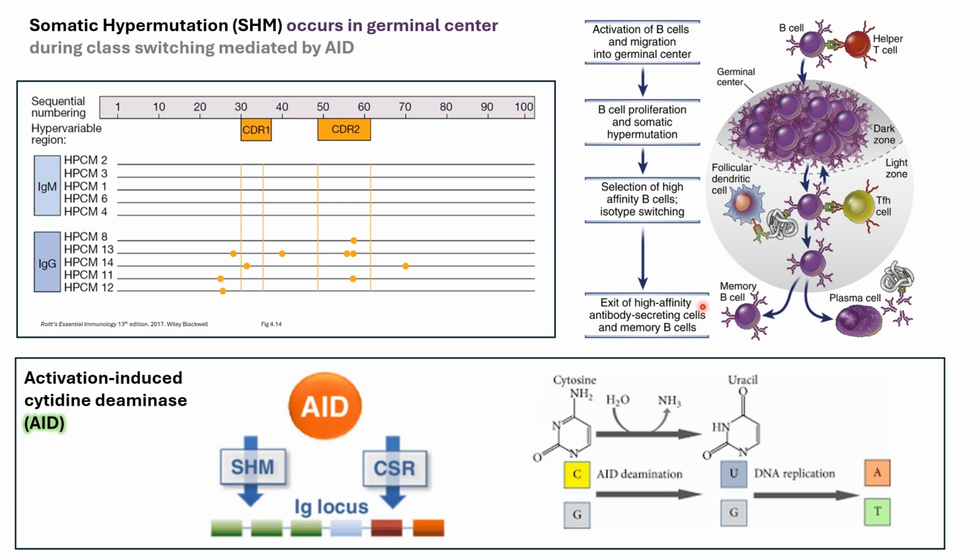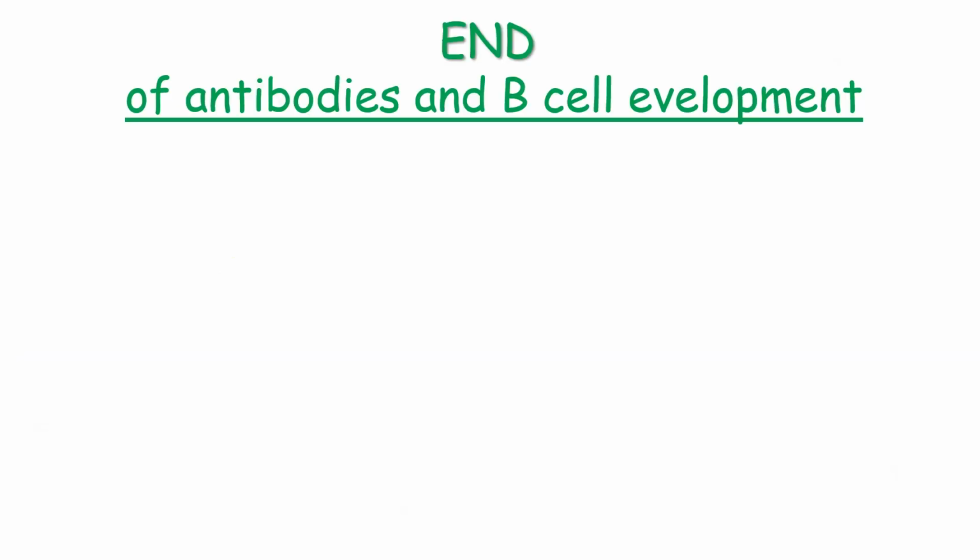And that's the basis for somatic hypermutation induced by activation-induced cytidine deaminase occurring during the time of the class switch recombination, in order to make the most effective antibodies that are possible. And that brings us to the end of this lecture.